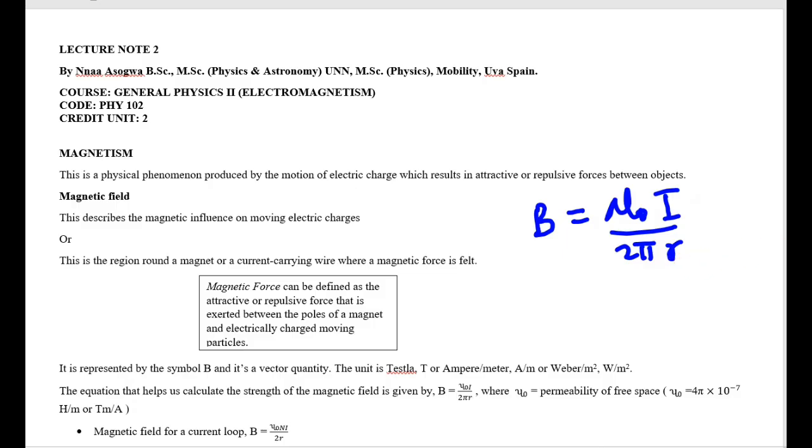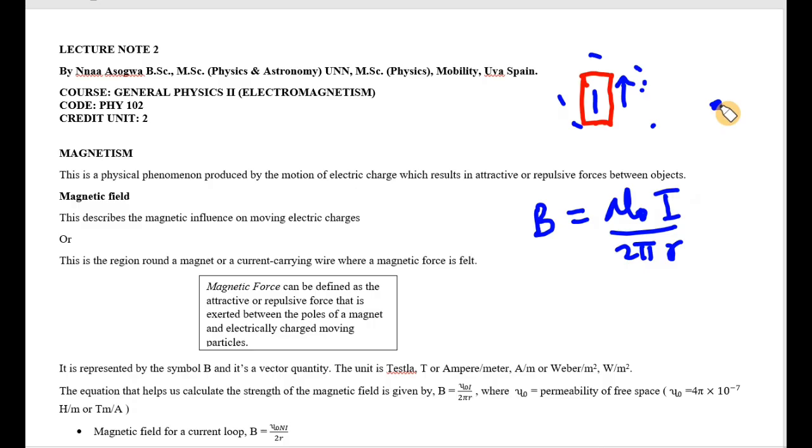For instance, if we have a current carrying wire in which the current is moving to the north, and an object is placed here such that this is the source of the magnetic field, one can decide to find the strength of the magnetic field that will be experienced by this object.